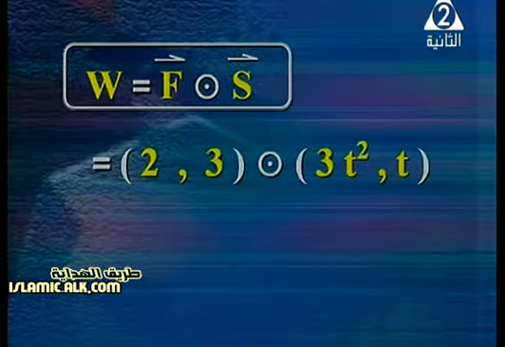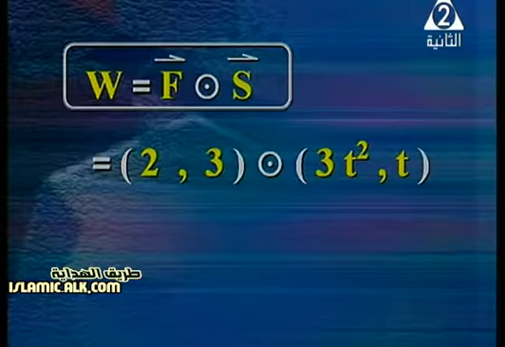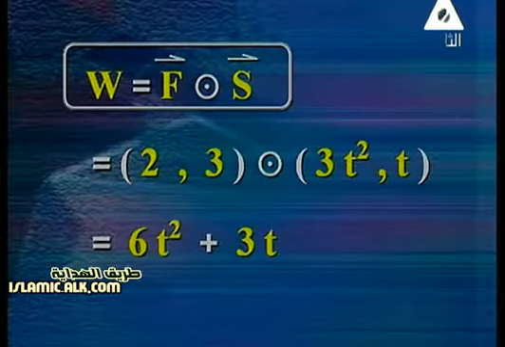Since the work done equals the force vector scalar product with the S vector, using the scalar product of (2, 3), the first ordered pair, with the second ordered pair (3t squared, t), we get 6t squared plus 3t. This is the work.